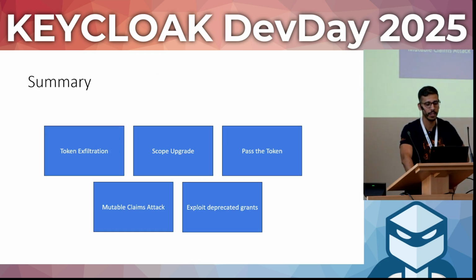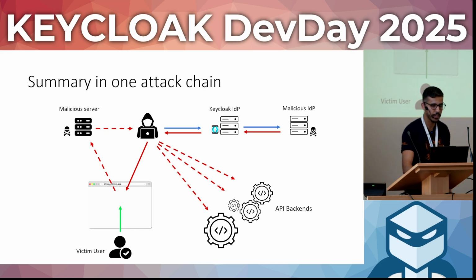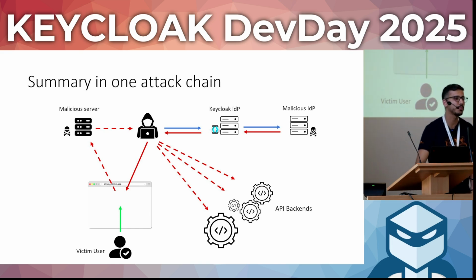And this is a summary of the five attacks that we have. If I want to represent the five attacks in one single attack chain as an attacker, the starting point would be to exploit a cross-site scripting vulnerability inside this application, extract the user token, and from there, either use a token upgrade attack or pass the token technique to escalate or access other APIs or other protected resources.